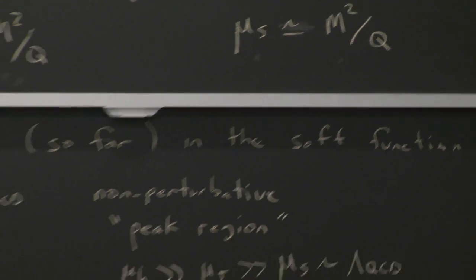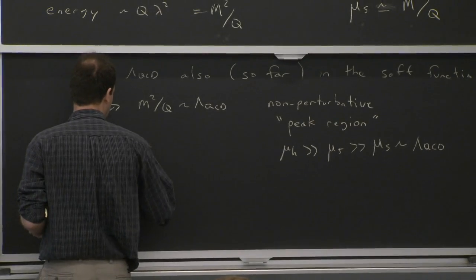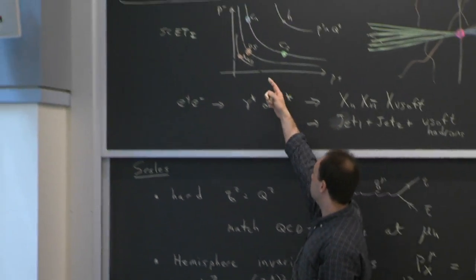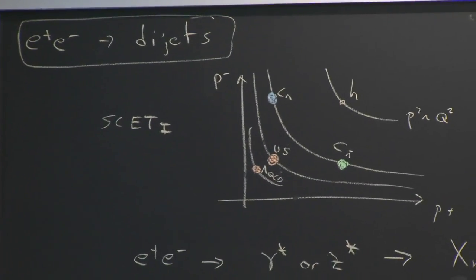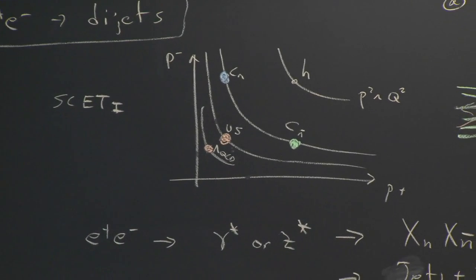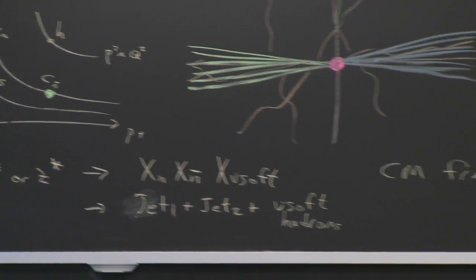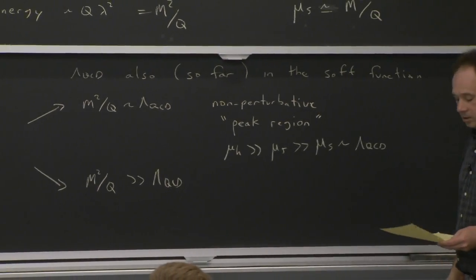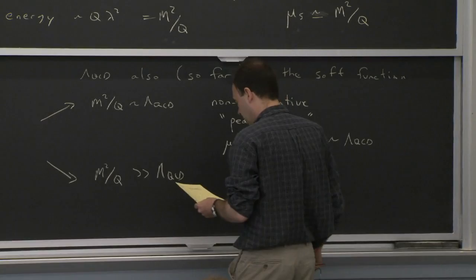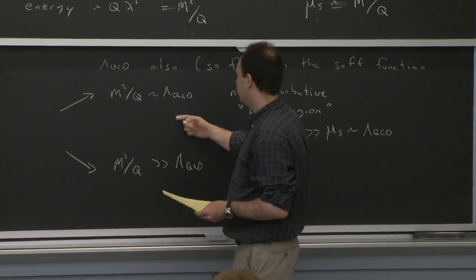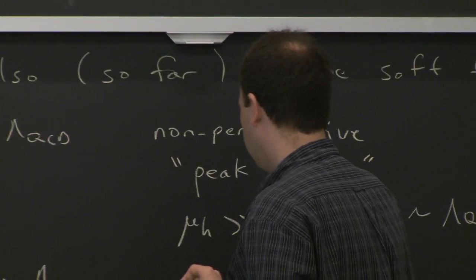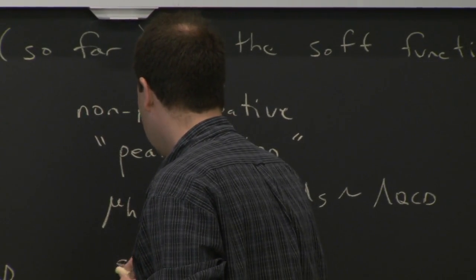And there is another possibility, and that is that there's really a separation between these hyperbolas that's just as large or hierarchical as the previous separations. So if this thing is much bigger than lambda QCD, that's another possibility. There'll be a region of phase space where the first is true and a region of phase space where this second one is true.